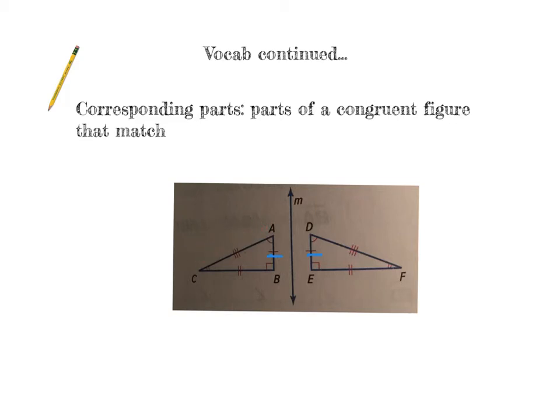You'll notice that there are three marks here, and you'll notice three marks on that exact same side of the corresponding triangle over here. So this indicates that DF is the exact same side as CA, or AC.